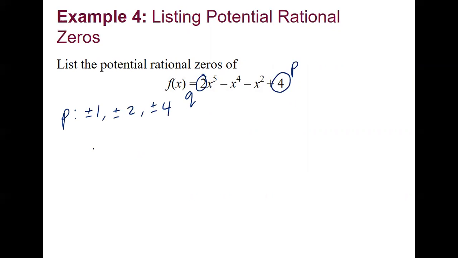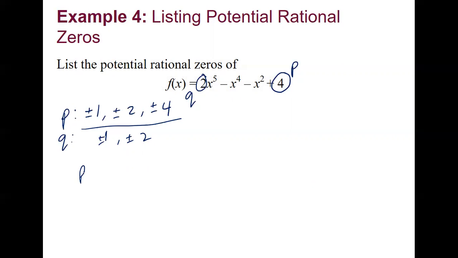Agree? Those are the factors of 4. The factors of Q, which is 2, are simply plus or minus 1 and plus or minus 2.